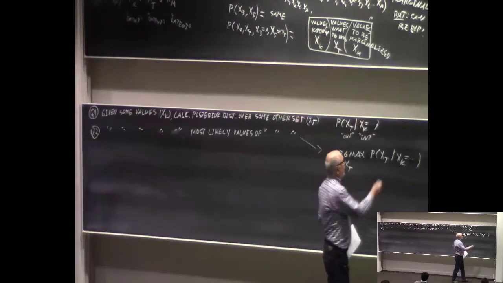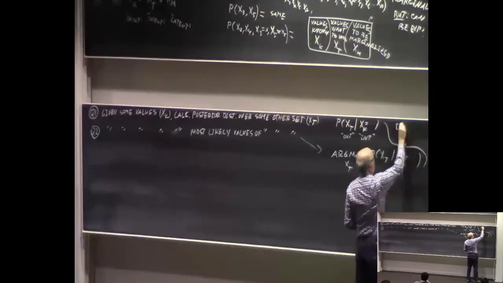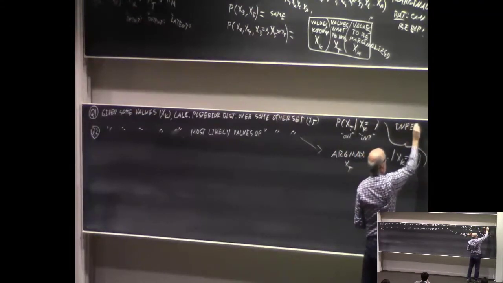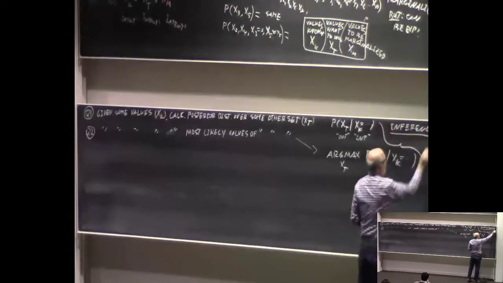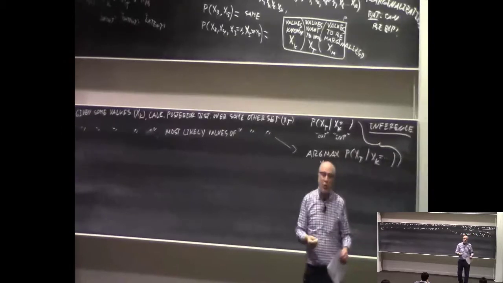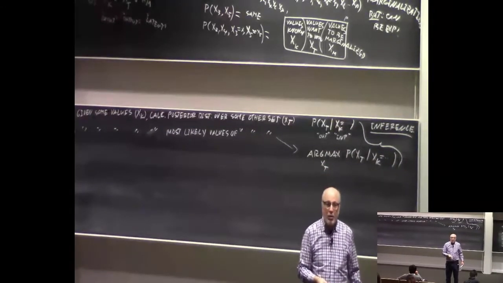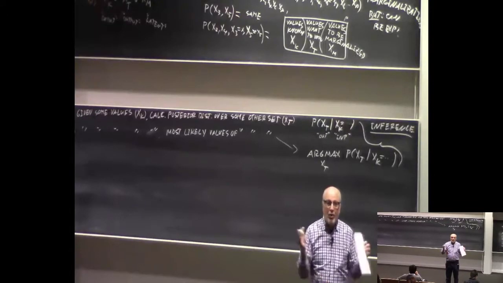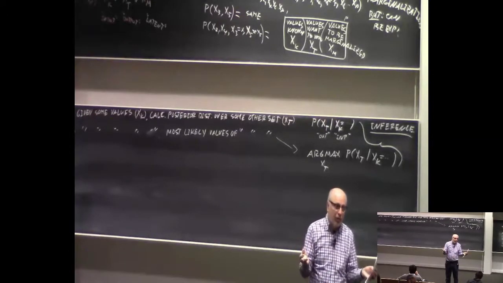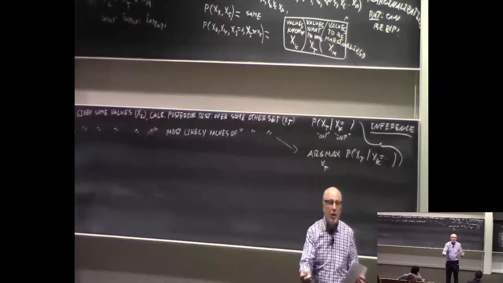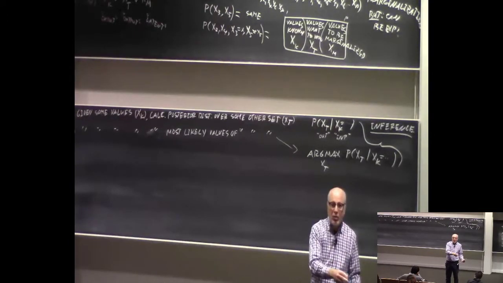These two things together are called inference. Or more accurately, probabilistic inference. Inference means you have the model in your head or in your hand, a joint probability, and now you know some things and you want to learn about some other things.